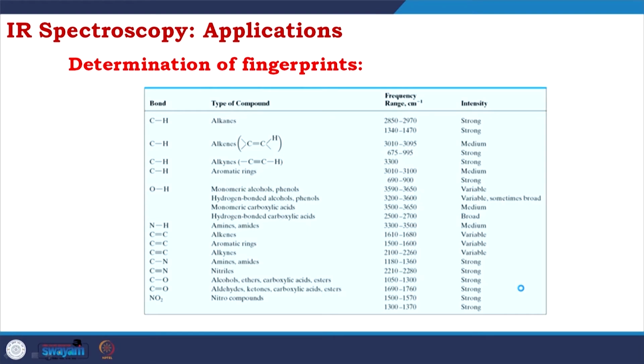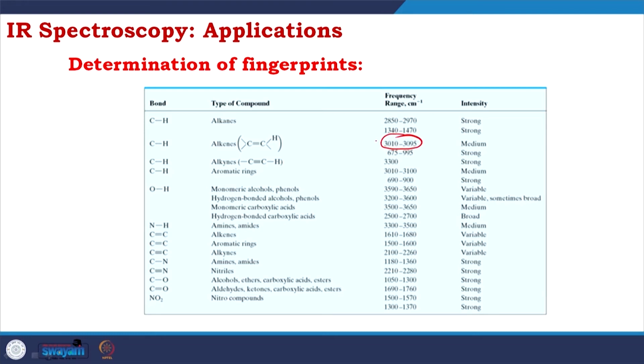If you see for alkanes, they have stretches 2850 to 2970 strong, 1340 to 1470 strong. For alkenes, the double bond, again they have a spectrum.